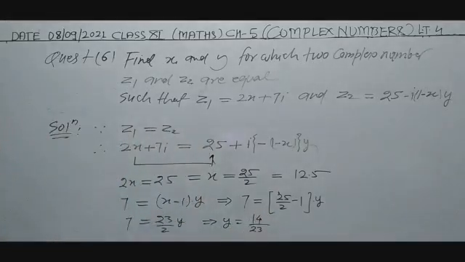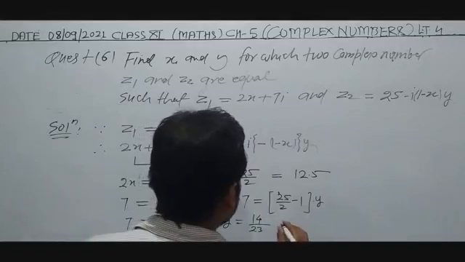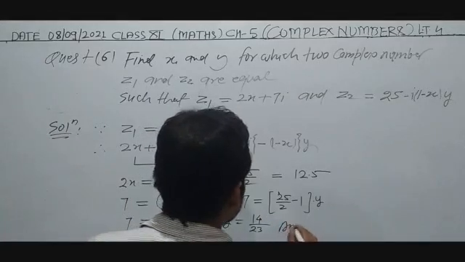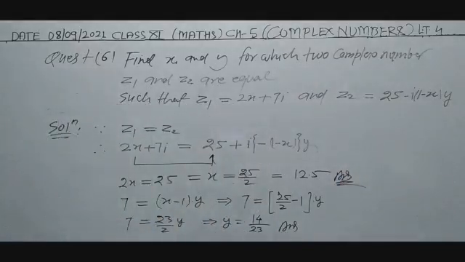Now, these are the values of x and y. This is the answer. See, this is the property of equality of two complex numbers.